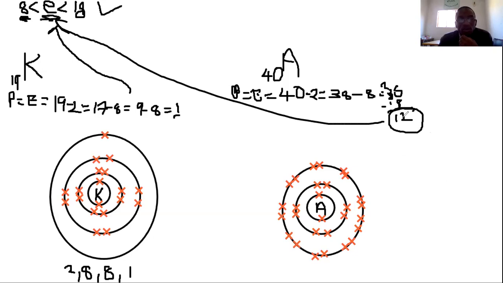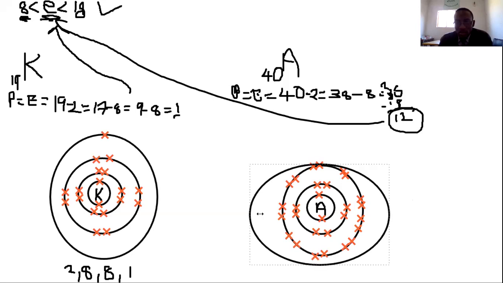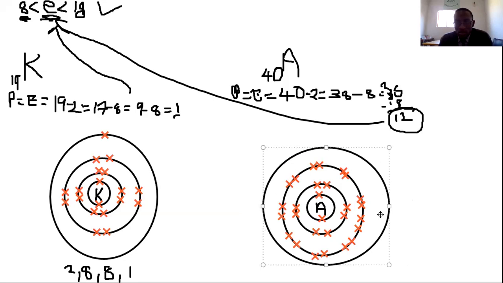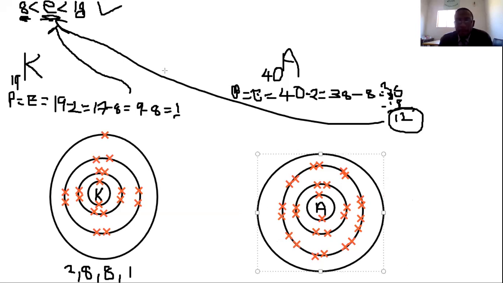From the 12, we can only get 8. So we're going to put 8. I'm going to change it a bit and extend it from this side. So we're going to put 8, and then the remainder will be 4.